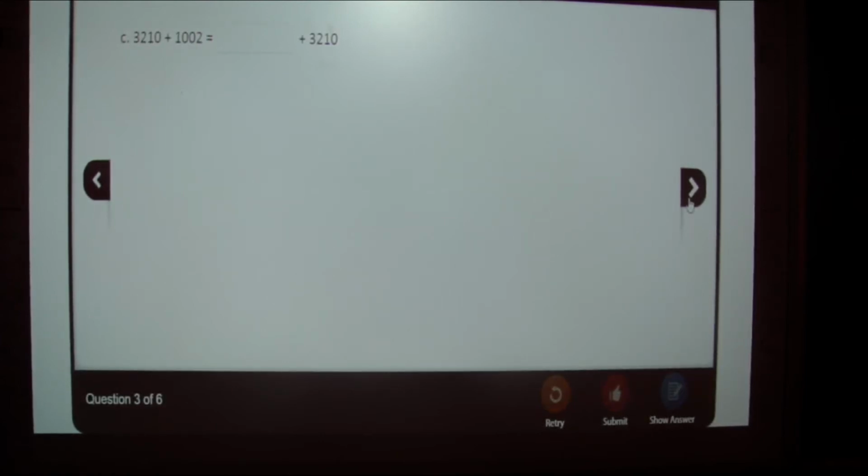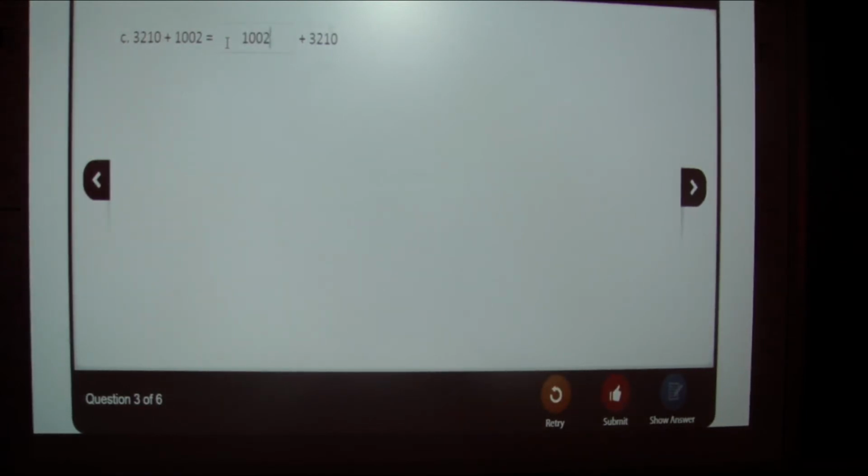Then c: 3210 plus 1002 is equal to blank plus 3210. See the left side: the first term is equal to the second term of the right side, and the second term of the left side, 1002, is equal to the first term of the right side.